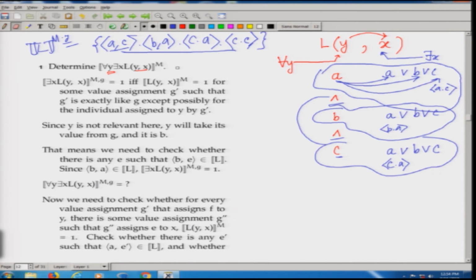But then the question is, if we finally have to check the truth value of the whole thing anyway, what is the point in having this in parts? Have you seen that we started with some y L y x? What is the point in doing it? The point is this. You see, we are doing it in parts. Even while checking it, we checked 3 parts because there are 3 individuals.